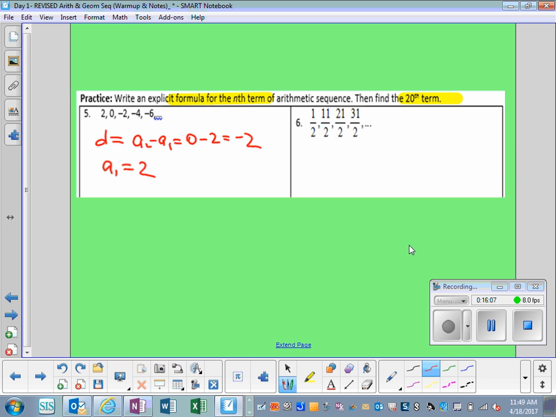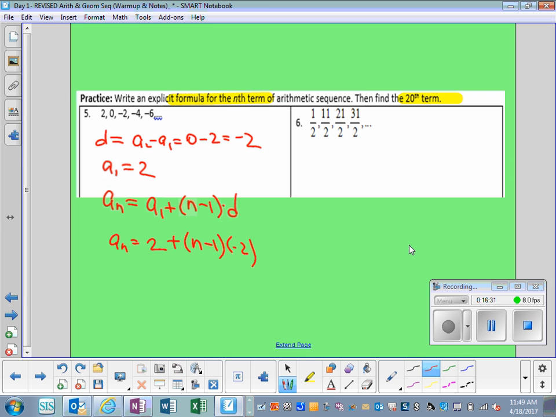Okay, so now let's think about the explicit formula. The generic formula is An equals A1 plus N minus 1 times D. I know my D and my A1, so let's plug them in. An equals A1, which is 2, plus N minus 1 times my D, which is negative 2. Now I just need to simplify a little.